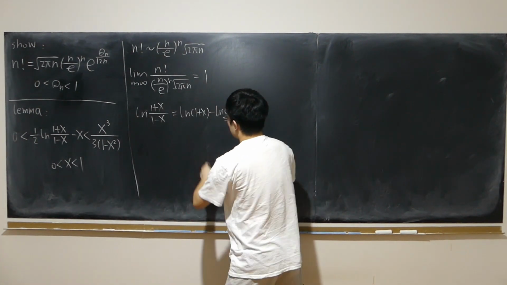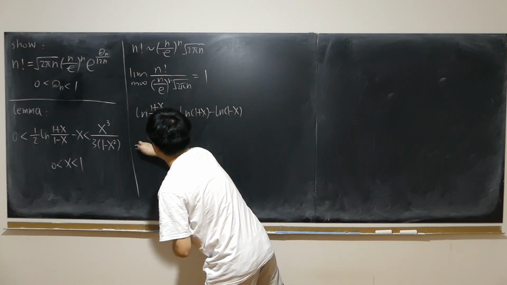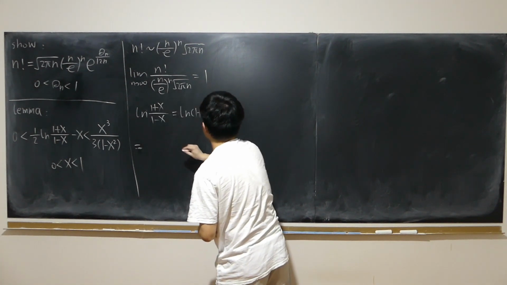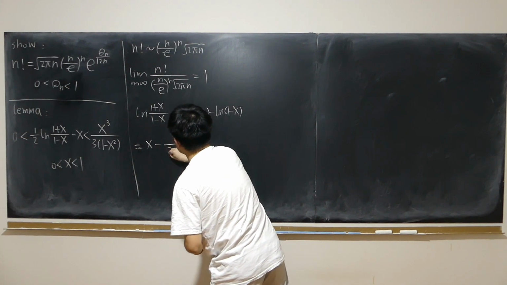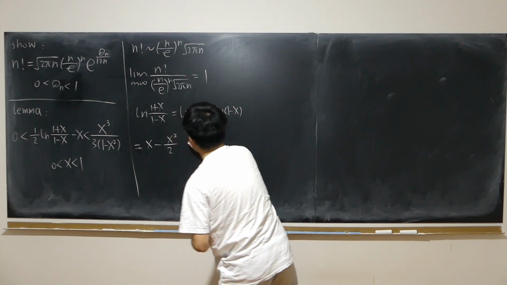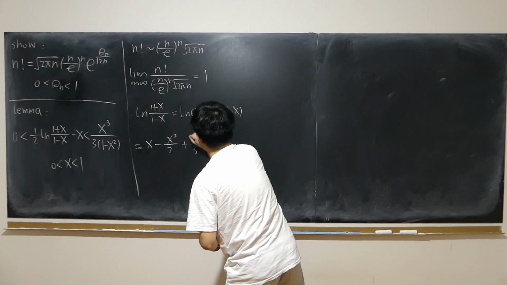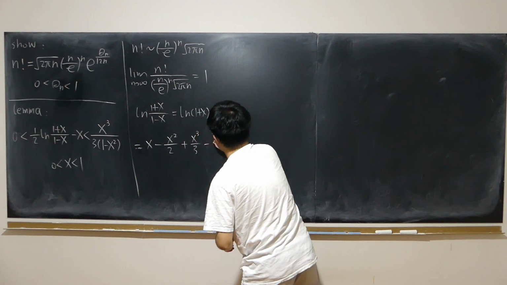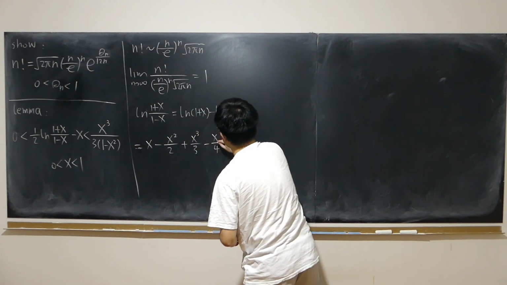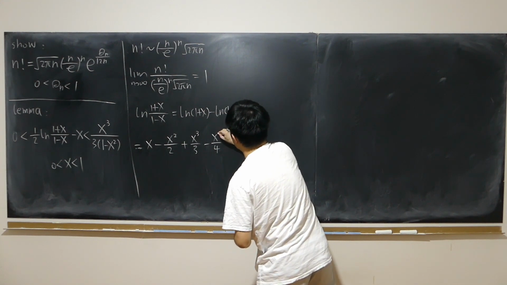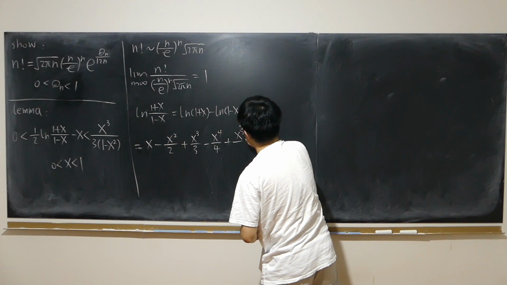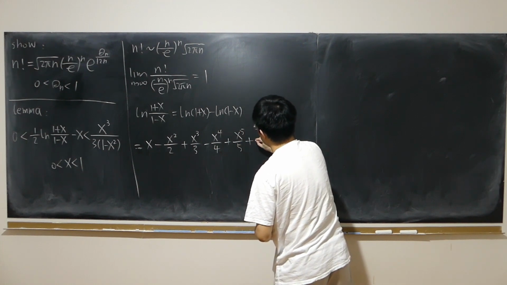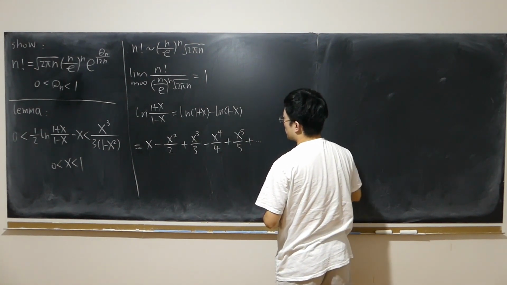So that log of (1 plus x) is equal to x minus half of x squared plus third of x cubed minus fourth x to the power 4 plus x to the power 5 over 5, to infinity.